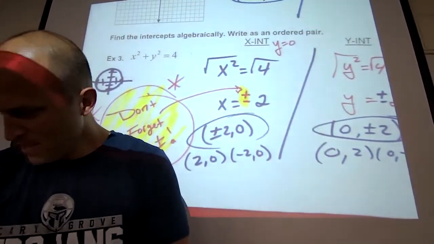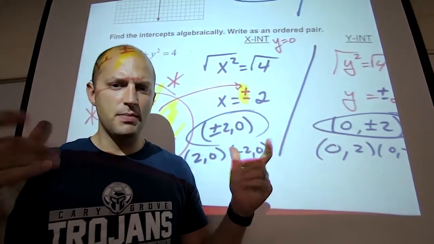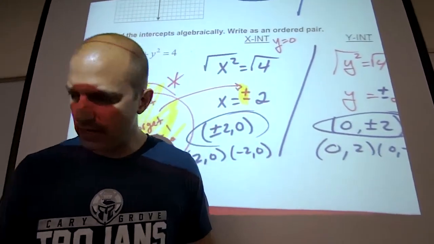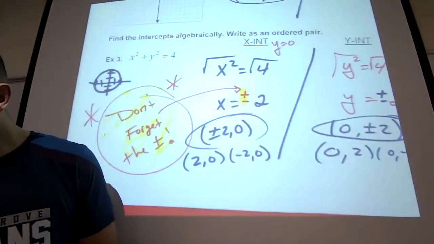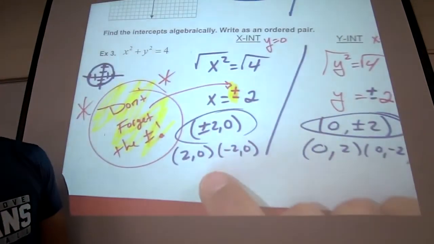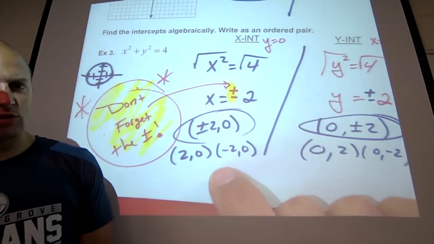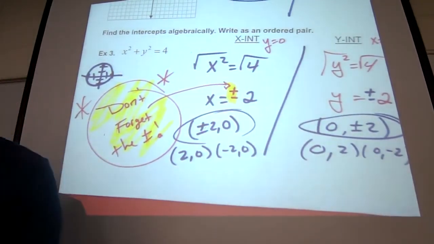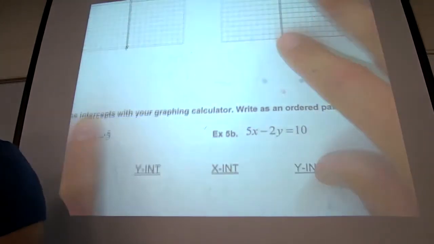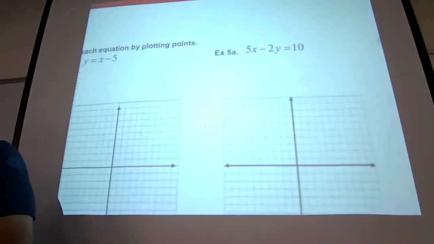All right, ladies and gentlemen, I'm going to move on to the backside. Okay, so if you're looking at your notes, do you guys have any questions with finding x and y intercepts algebraically? Just plug and chug. Plug in 0 for x, plug in 0 for y, and those are your points. All right, next.